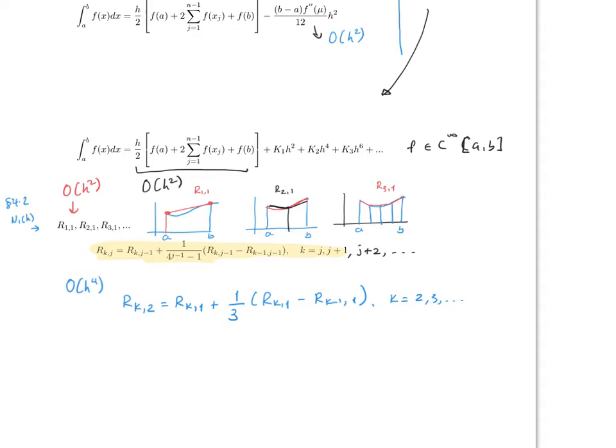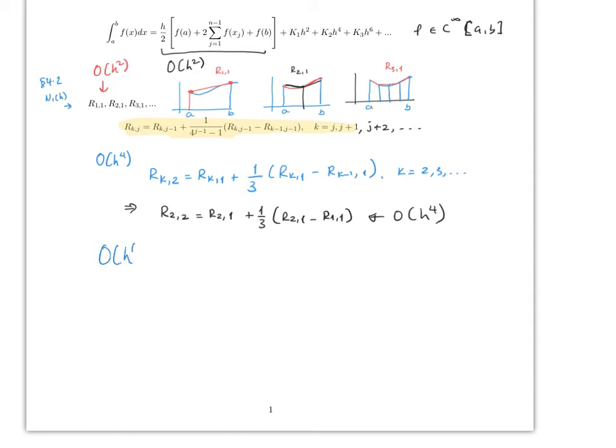For example, R22, which is equal to R21, remember this is already known, plus 1/3 times R21 minus R11. This is known, this is known. This computation will be O of h to the 4. Now, if we want big O of h to the 6, then you will have to find Rk3.